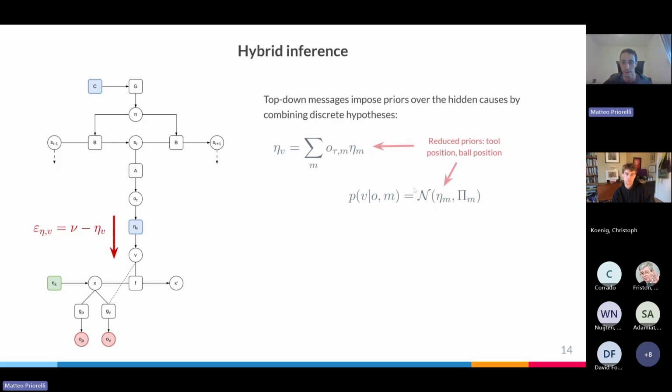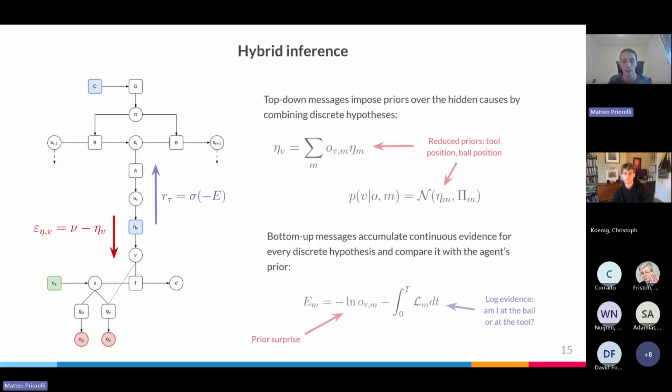These probability distributions can encode, for example, the tool position or the ball position, so that the top-down messages from the discrete model to the continuous model can impose the priors over the hidden causes by combining these reduced priors and weighting them by the discrete probabilities.